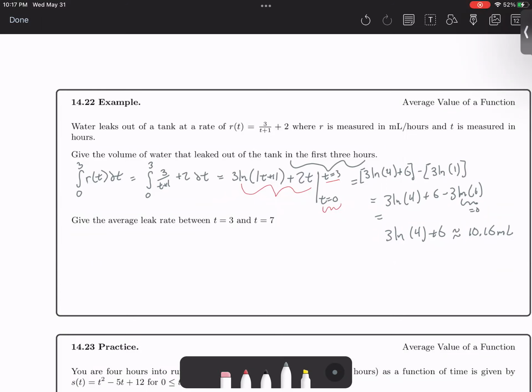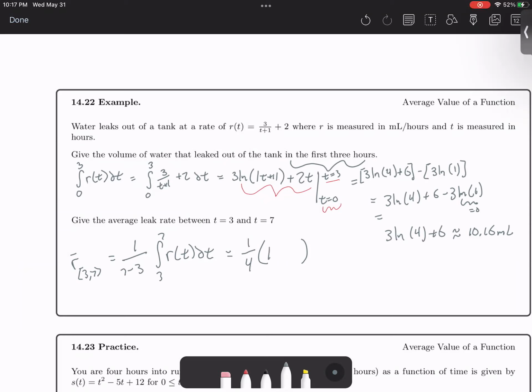So I can find the average of the rate between 3 and 7 by 1 over 7 minus 3 times the integral from 3 to 7 of the rate. So this will be 1 over 4, and then the integral of the rate between 3 and 7, that was the first part of this question.